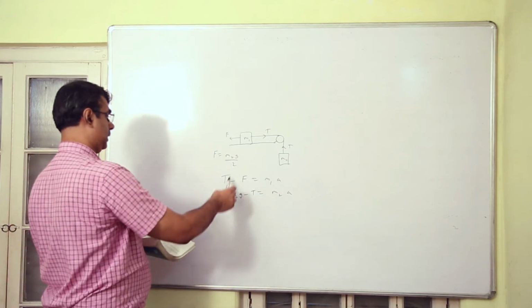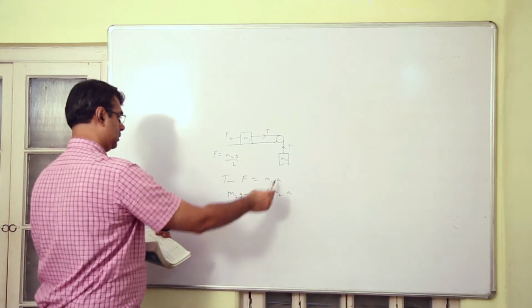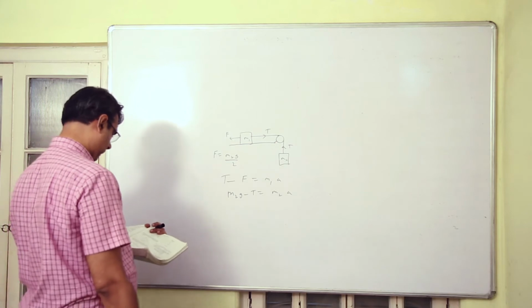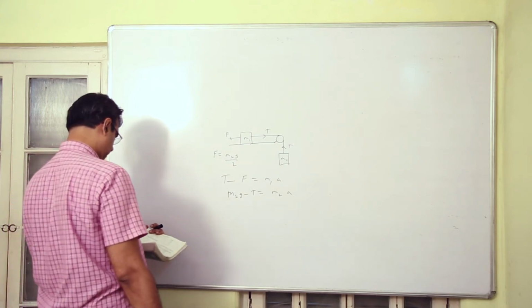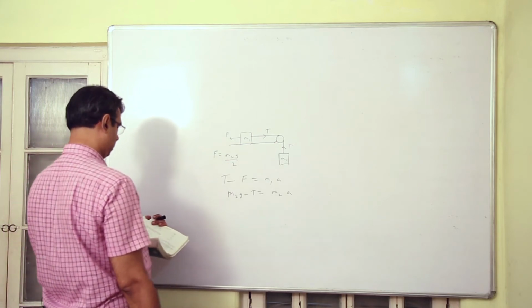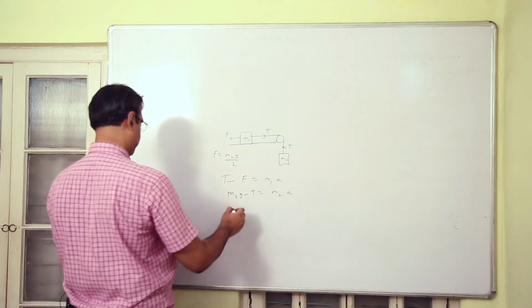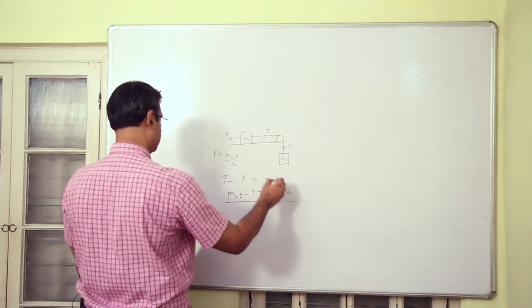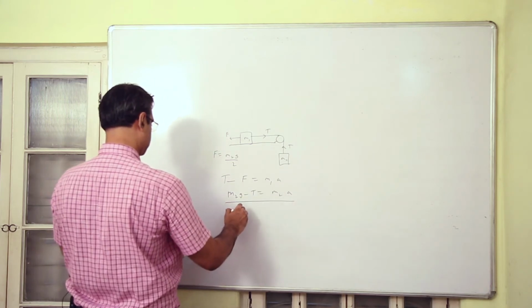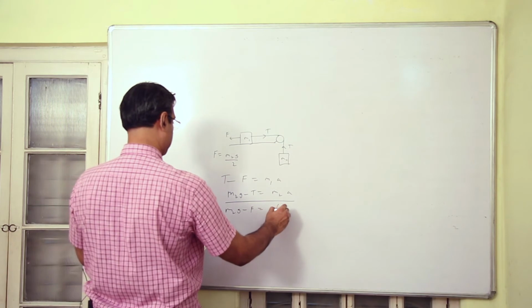So for this body T minus F is m1a, and for this body m2g minus T is m2a. Now you have to find the acceleration of m1, so you have to basically find a.